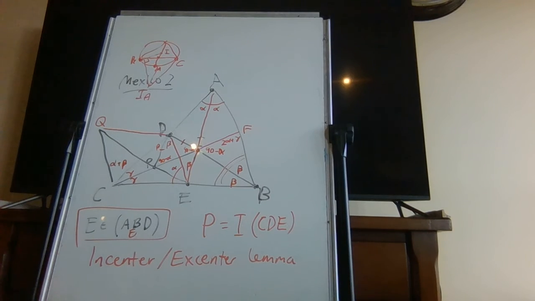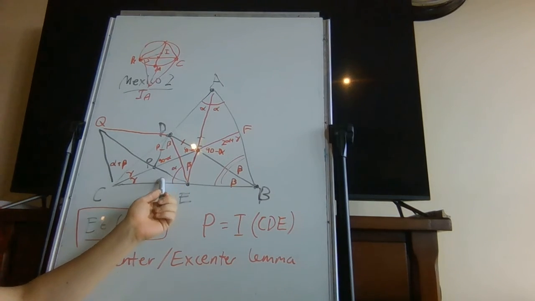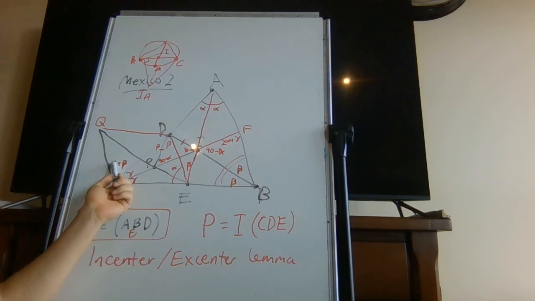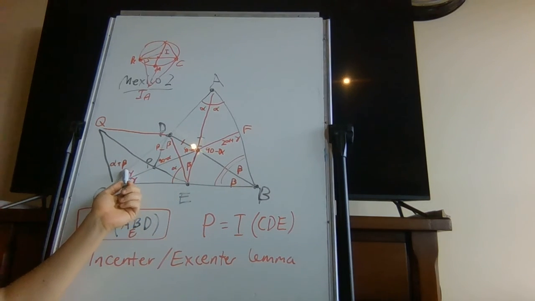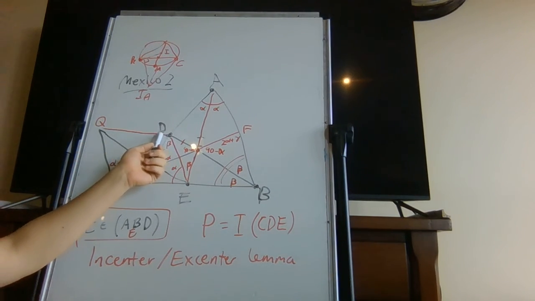That angle's alpha because it's the angle bisector. The other one's also alpha plus beta because angles on a straight line. So alpha plus beta plus gamma is 90, so you already know this is going to be 90. Then you know Q is the excenter, and it comes back here at 90.